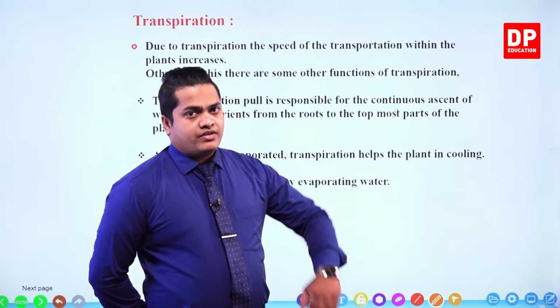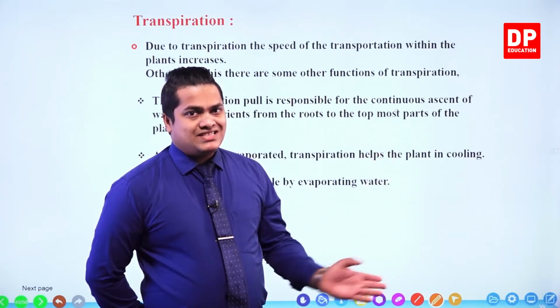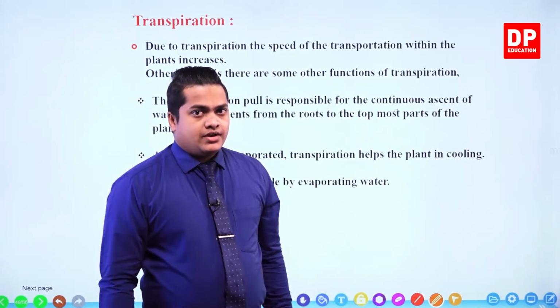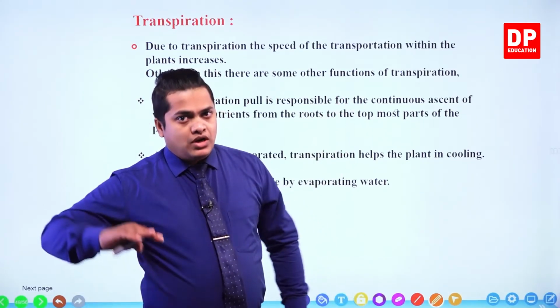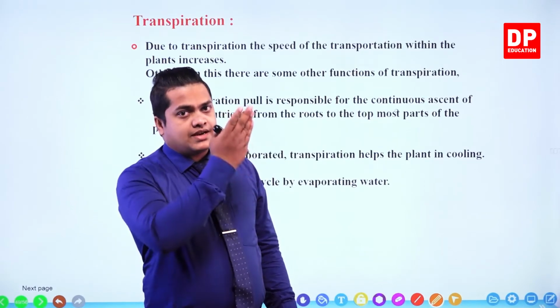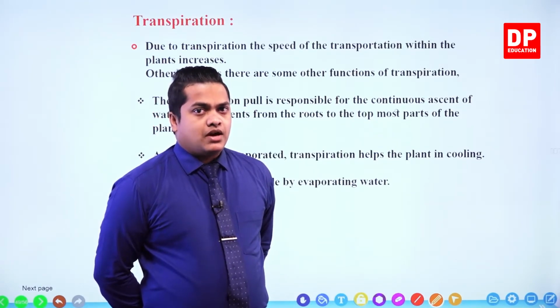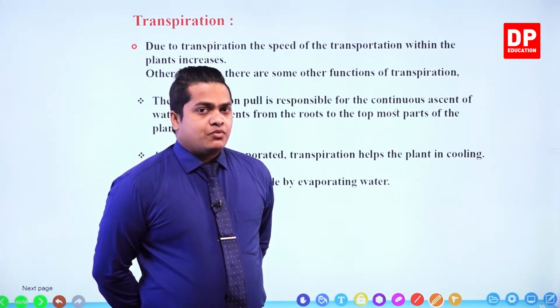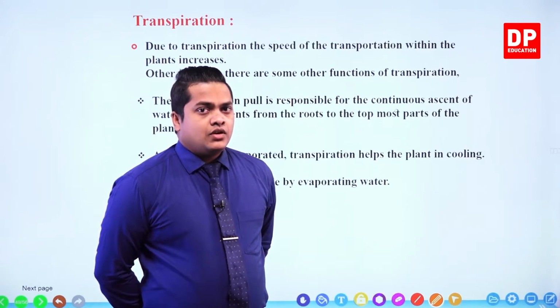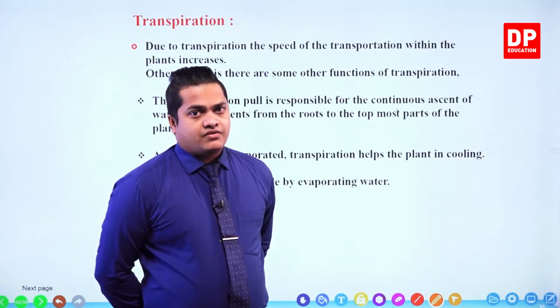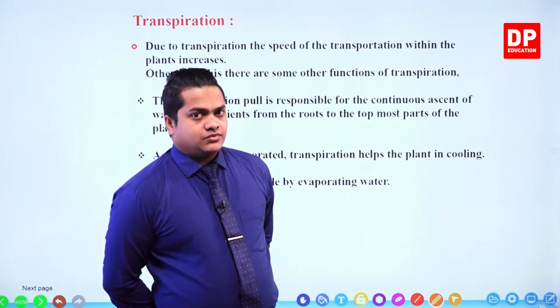Upon releasing water vapor, a pull is created upwards. Because of that pull, water and minerals are absorbed much faster to the topmost part of the plant. So the transpiration pull is really important for the ascent of particles from the roots towards the topmost part of the plant body.